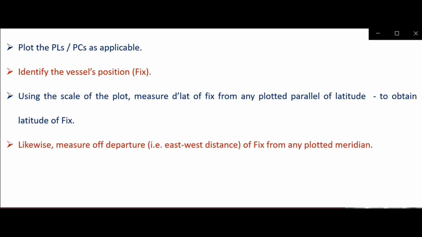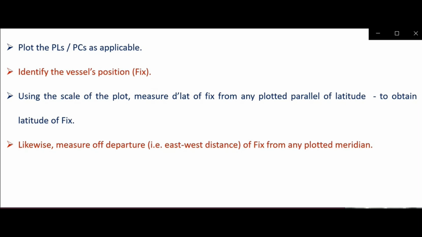Likewise, the east-west distance of the fix can be measured from any of the meridians which is plotted and identifiable, using the same scale as the scale of distance. This shall be the departure between the meridian from where it is measured to the meridian of the fix.